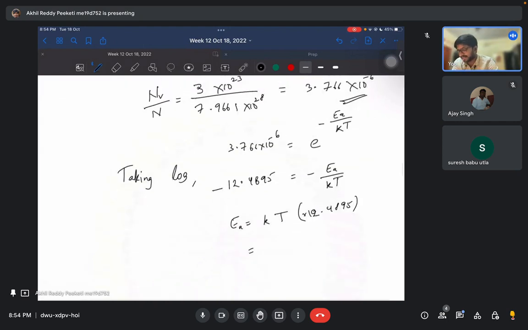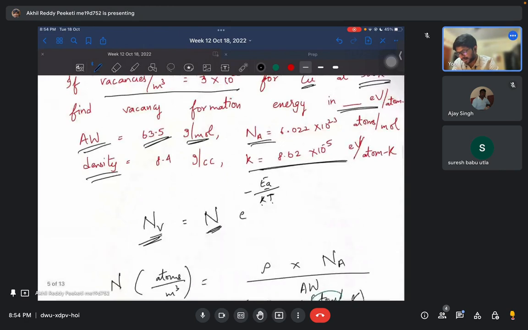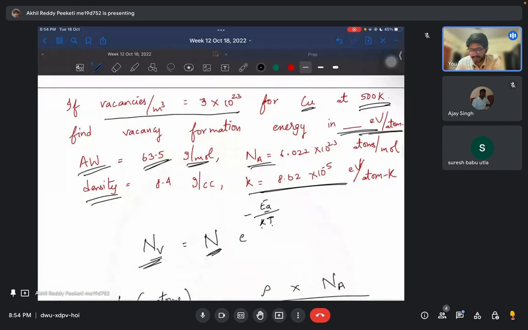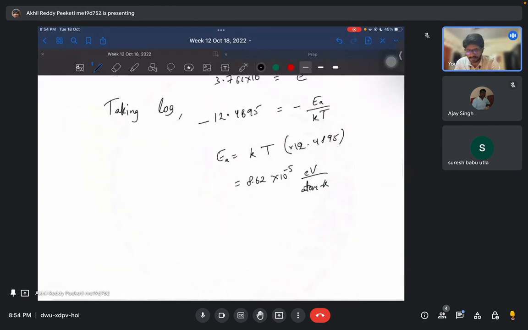Now K is given in electron volt per atom Kelvin. So you need to carefully choose K, because we were asked this activation energy in electron volt per atom. So you can specify either in electron volt per atom or in joule per mole Kelvin, and based on that you need to choose the units of K accordingly.